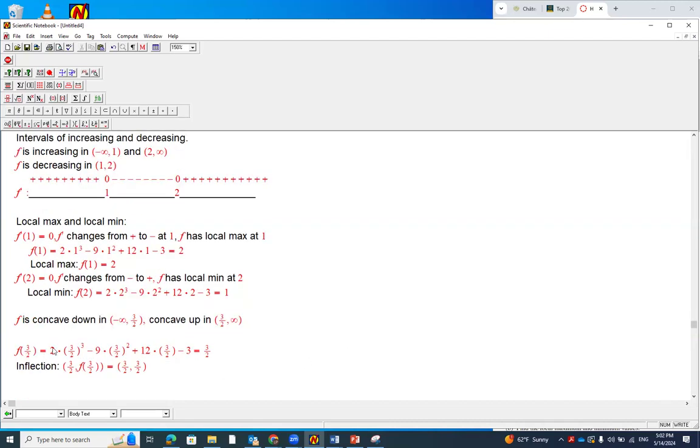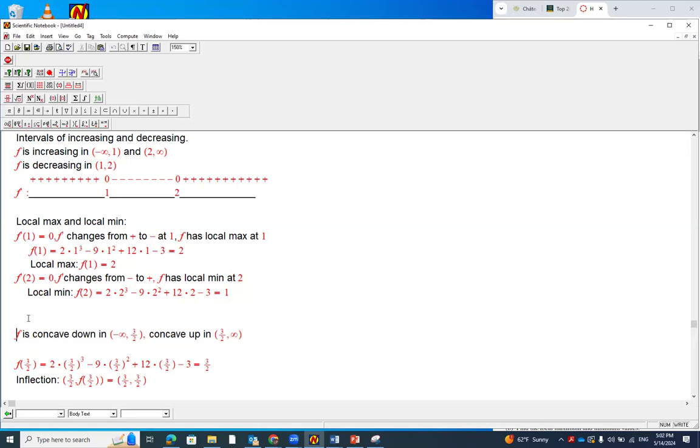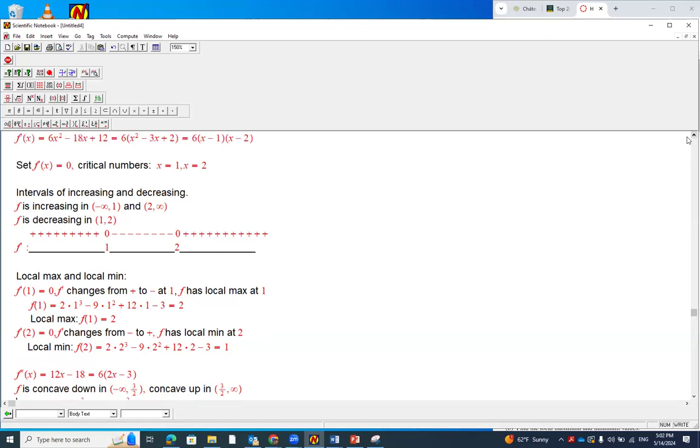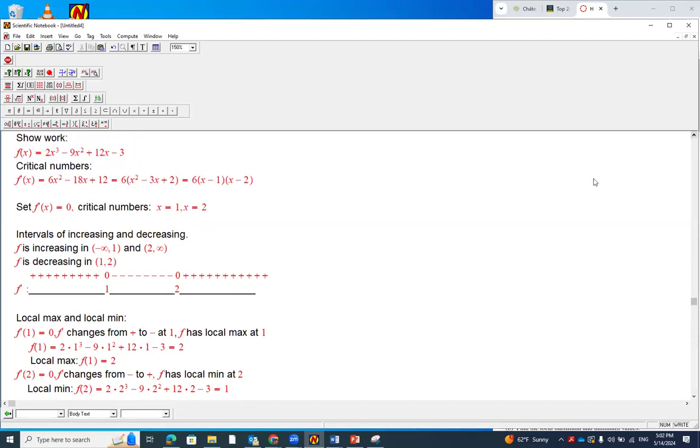And then concavity, right? You can put your second derivative right there, no problem. And concavity. So overall, just this much.